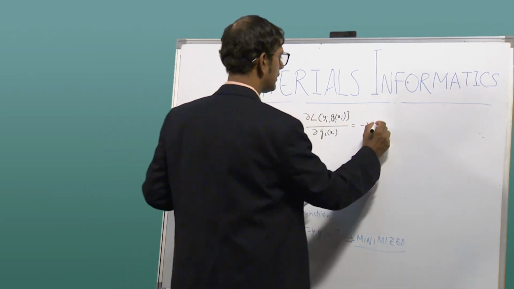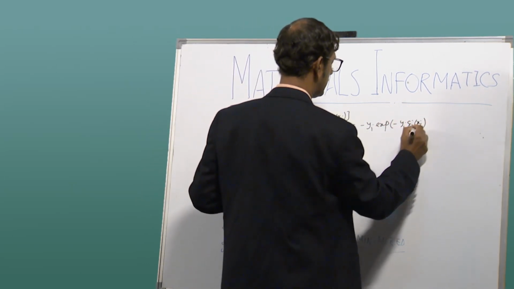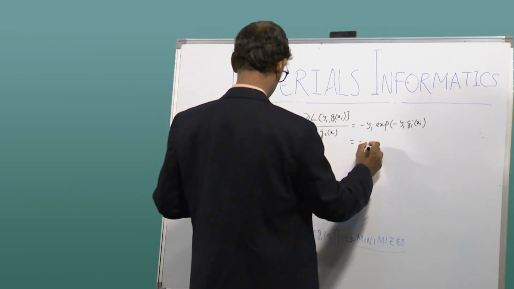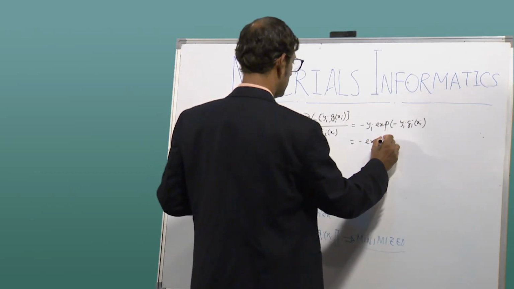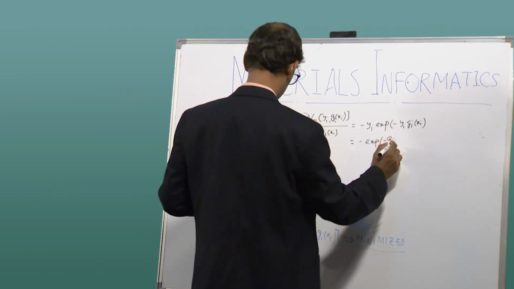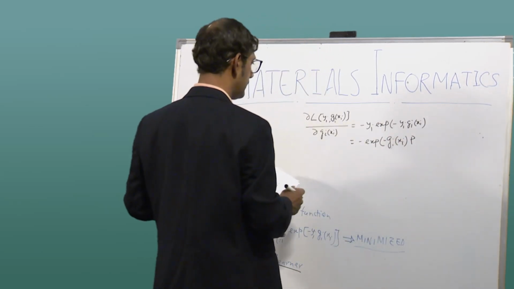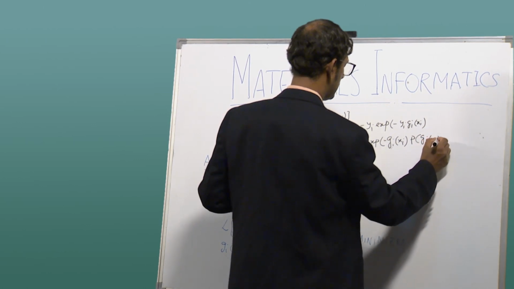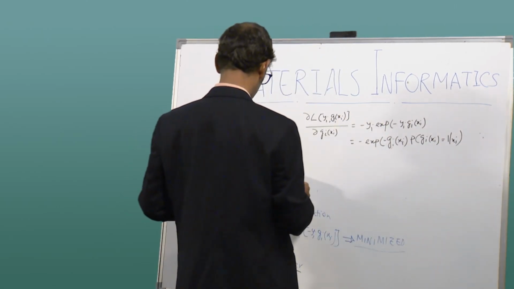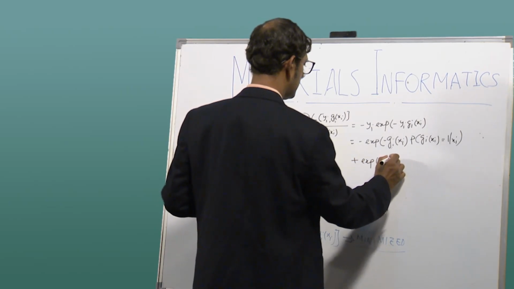You get minus yi exponential of minus yi gi of xi, and so on, plus exponential of minus.